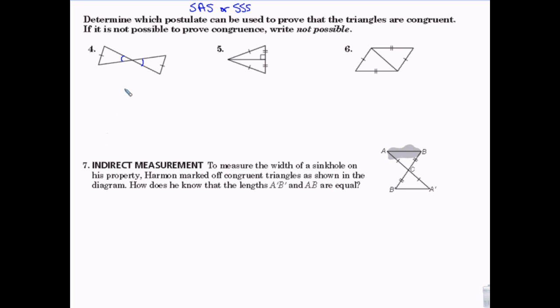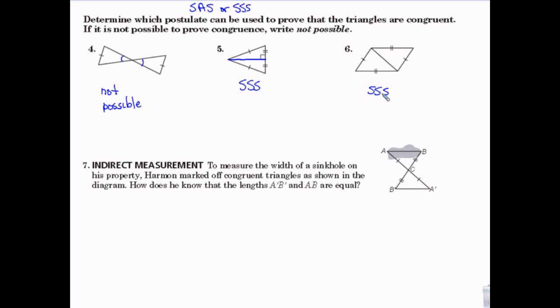I have one side and one angle, but they're not related to each other, so we'll say not possible. Number 5. Got two sides, and then I got a common side. So I have side, side. And then number 6.